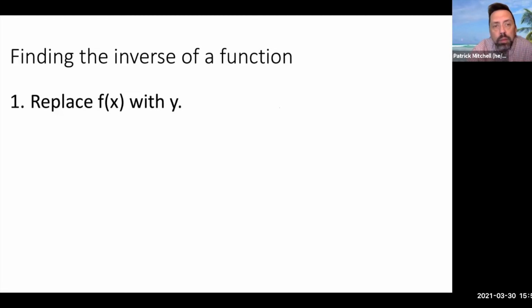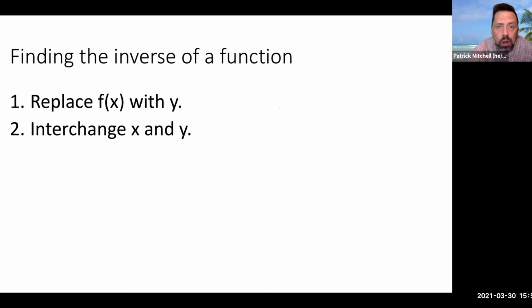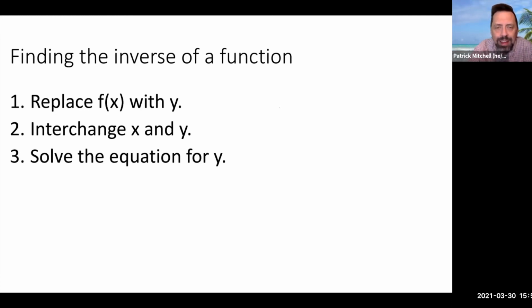First we replace f of x with y. Remember, f of x and y usually mean the same thing. Then we interchange x and y. This is really where we change f into f inverse by switching the x and the y. Now this is the step that sometimes takes a little bit of effort. Solve that equation for y.